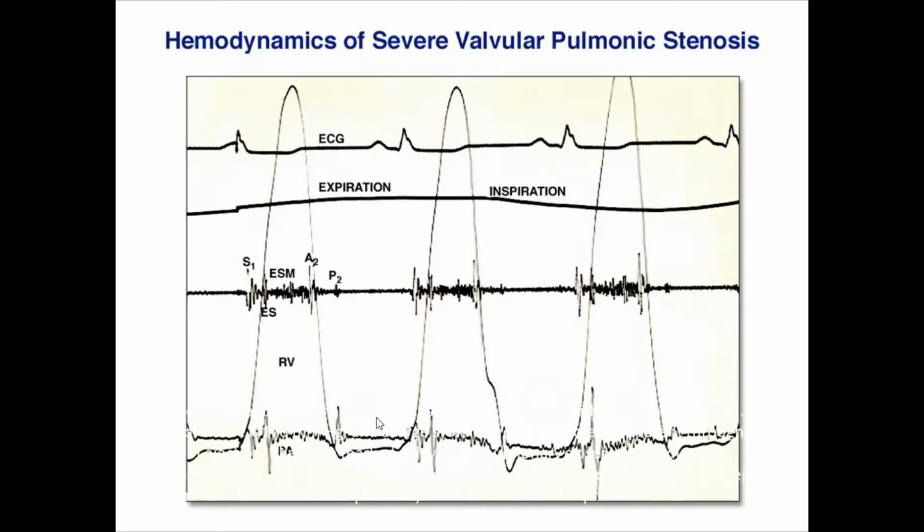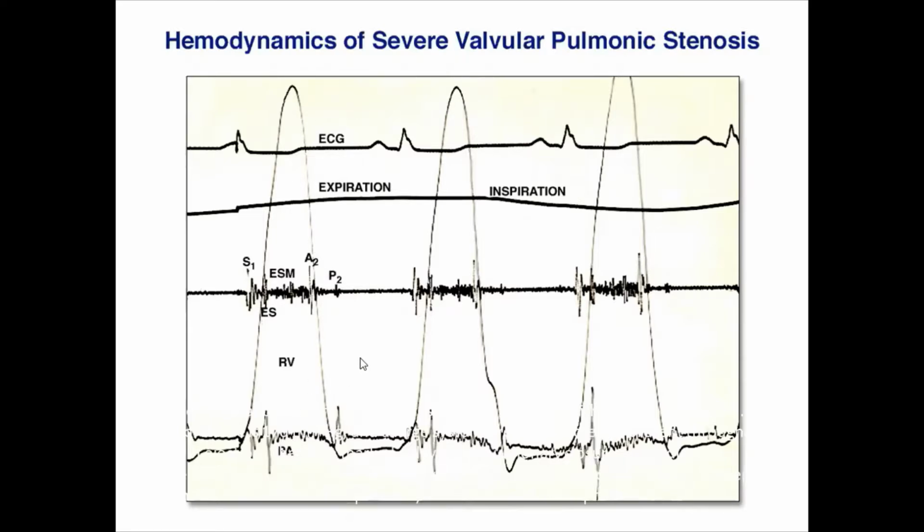Diastolic gradient between RV and pulmonary artery, is it normal or abnormal? It's abnormal. But what about this systolic gradient? We have a very high systolic gradient.